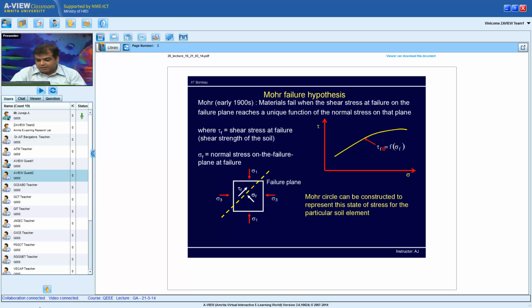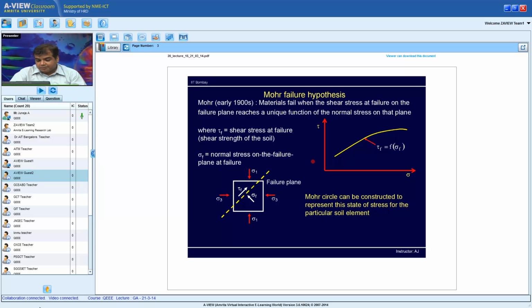This curve identifies shear stress, tau at failure, which is a function of normal stress. In other words, Mohr identified failure as a curve which is a unique function of normal stress.